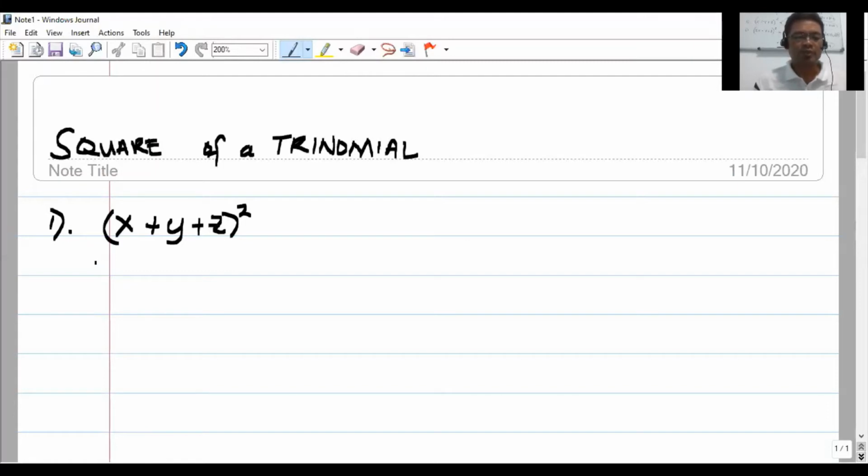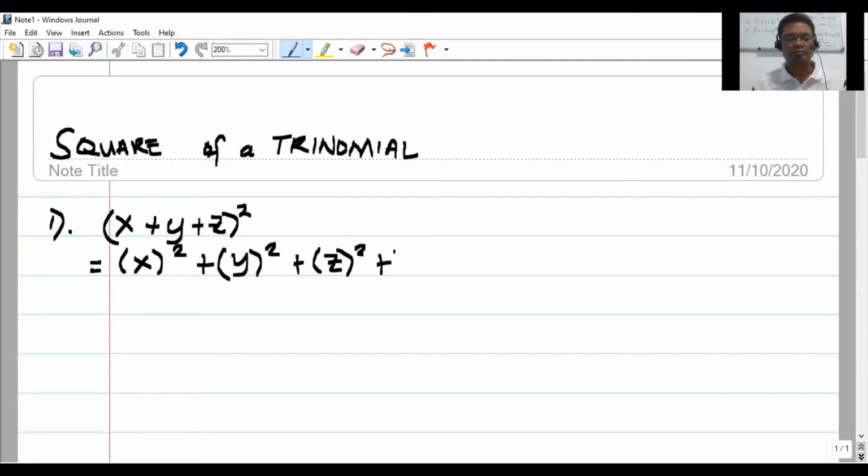So first step is we have to square the first term. Square the first term, okay? Plus square the second term, y, plus square the third term, z, okay?